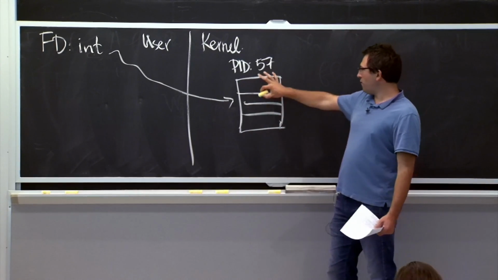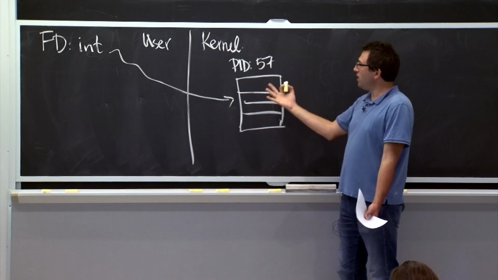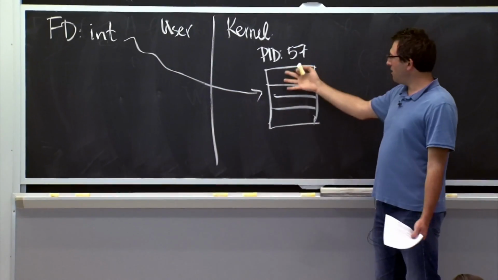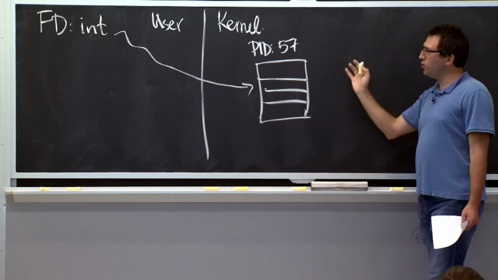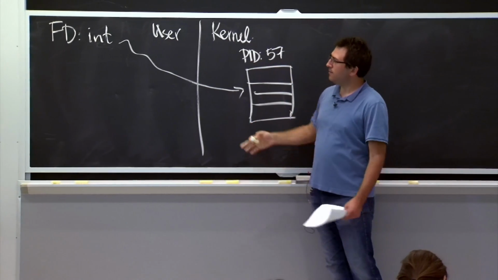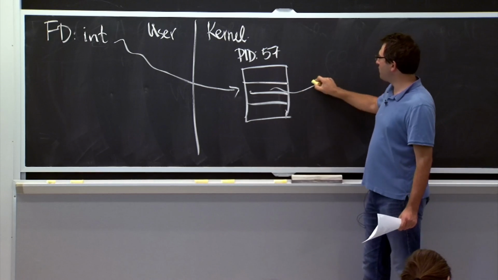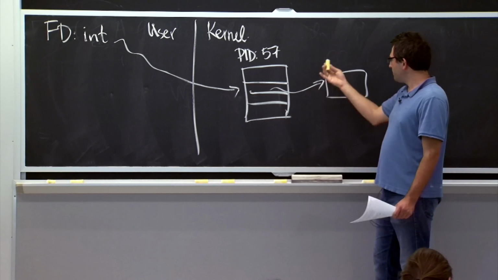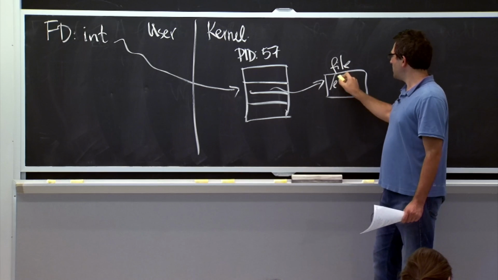But if you carefully check that the integer is in bounds in the kernel implementation, then the only possible things that the application can refer to by a file descriptor are entries in this table. So presumably, the kernel will somehow make sure that you legitimately got a particular capability. So when you, for example, open a file outside of this capability model in Unix, after the open call succeeds, the kernel is going to change that file descriptor table entry to point to a particular open file, like maybe you open /etc/password.